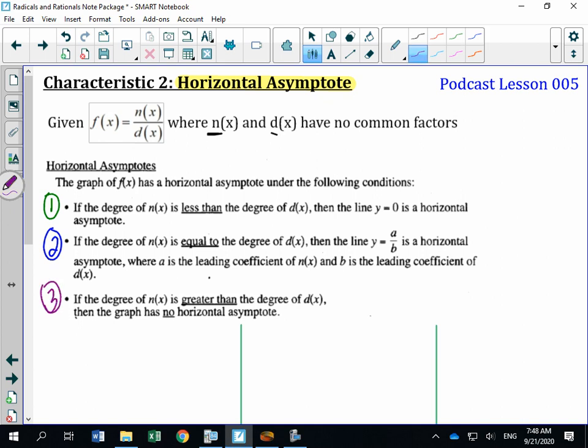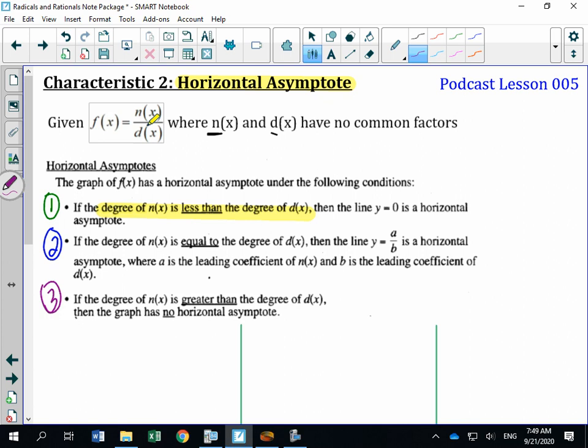In scenario 1, it says the degree of n of x is less than the degree of d of x. So I'm just going to highlight that. We're going to be looking for horizontal asymptotes, so we're going to be looking at the degrees of each of these polynomials.